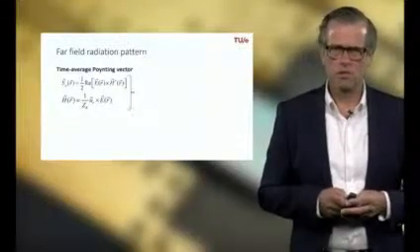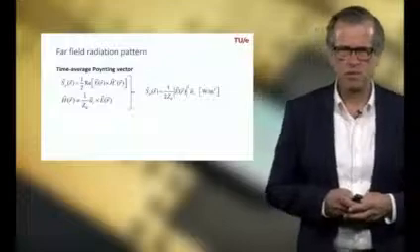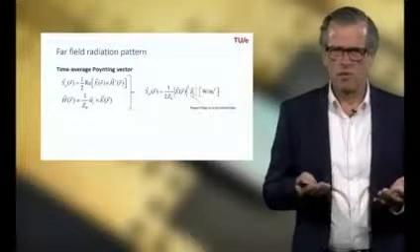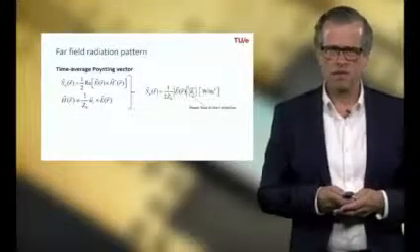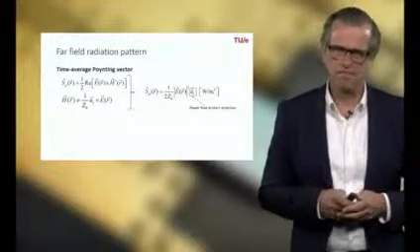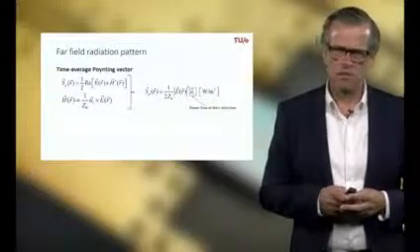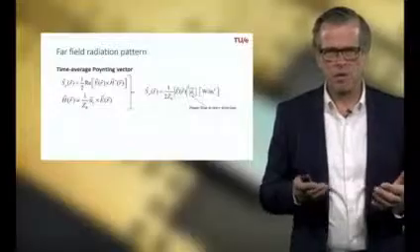If we combine those two equations, we can express the time average Poynting vector in this way. And we can observe that indeed the power flow is in the r direction. And that's what you want for an antenna. And the Poynting vector is expressed in terms of watt per square meter. So it's really the directional power density.